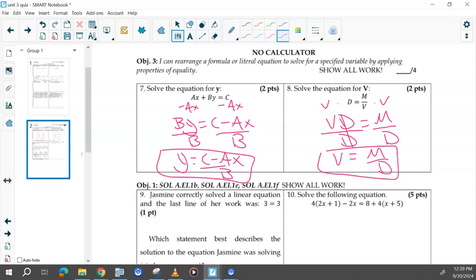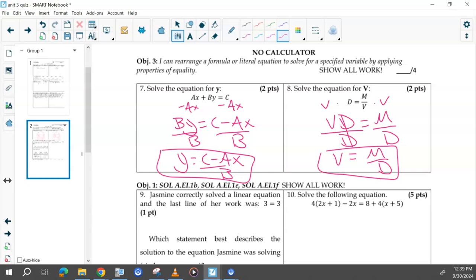Some of you tried to multiply by the reciprocal, which you could do, but then you'd also have to get rid of b and get rid of m. What is reciprocal? The flip version of it. Questions on that one?